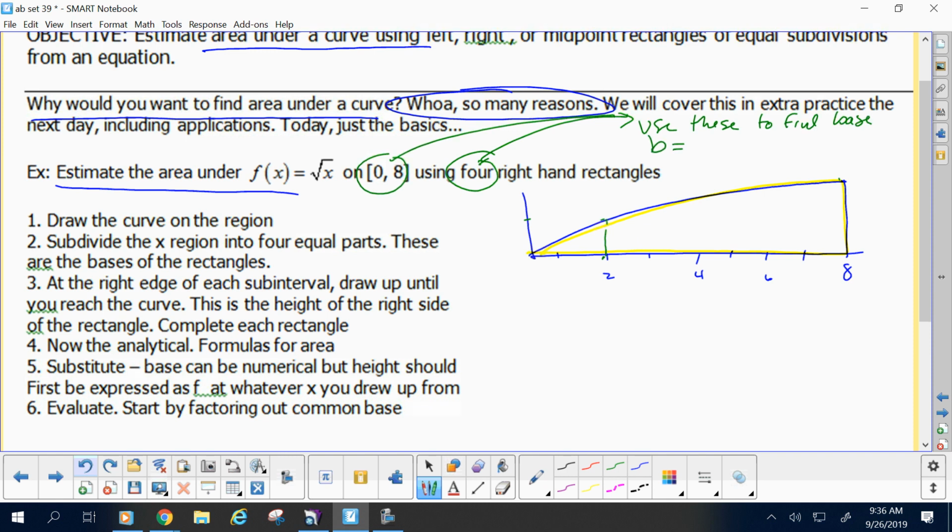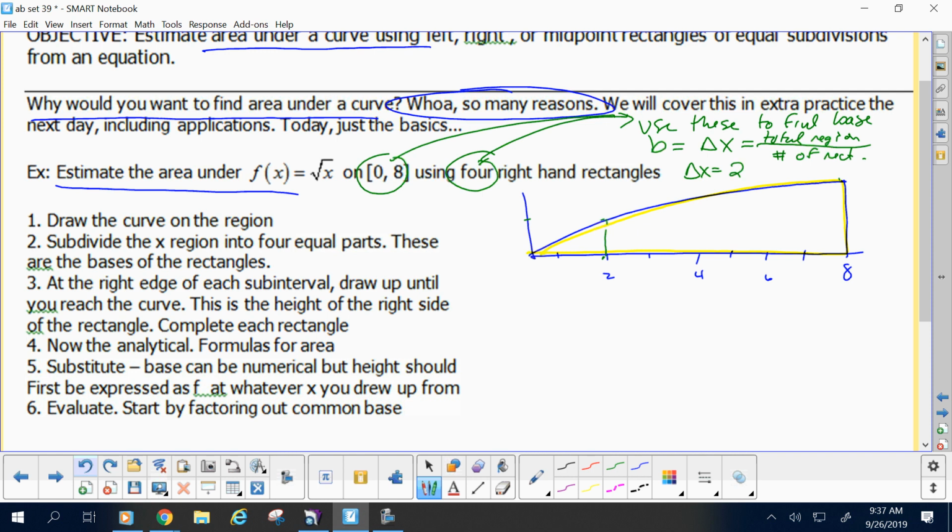The base of each rectangle, which we're going to call delta x, is the total region divided by the number of rectangles. So in this case, because I have a region that's 8 wide, and I'm dividing it evenly into 4 chunks, each base will be 2. Each base is 2 in this case, not in every case, in this case.